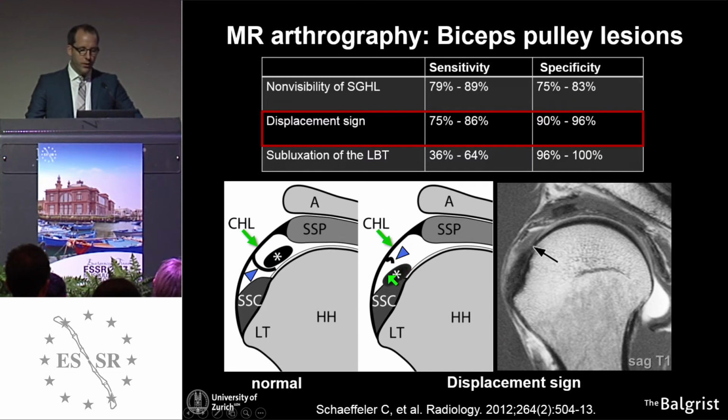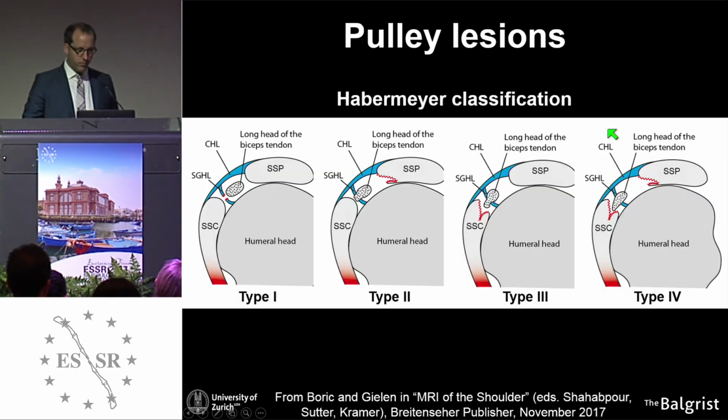If you have a direct contact between the long head of the biceps tendon and the subscapularis tendon insertion, this is called displacement if you compare it to the normal position. And if you see this at MRI, it has quite a good sensitivity of 75 to 86% and a high specificity of 90 to 96% for identifying biceps pulley lesions.